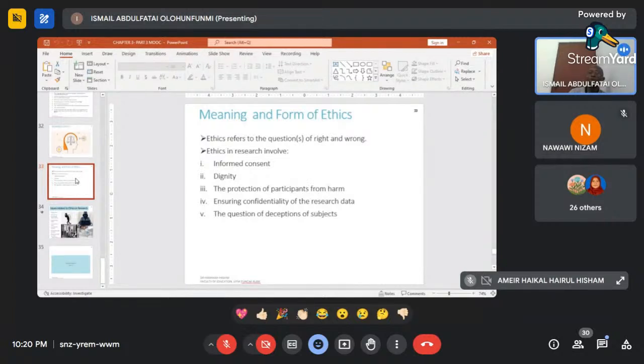So you need to keep their secret, because they are giving you vital, important information. You need to treat that information with utmost confidentiality. The meaning of confidentiality is to keep secret. You should not divulge information.